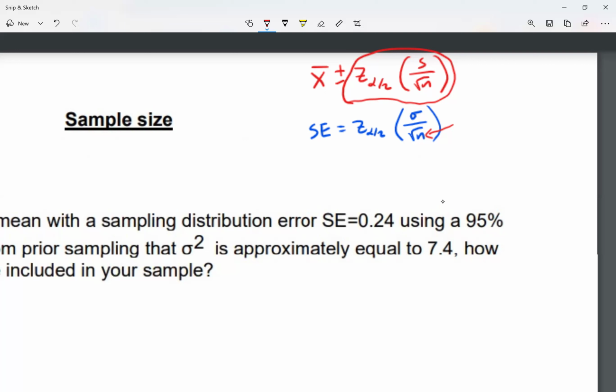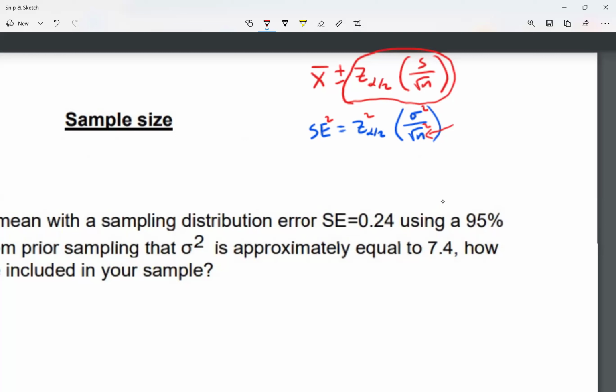I know addition and subtraction undo each other. Multiplication and division are opposite from each other. What's the opposite of square root? An exponent, an exponent of 2 in this case. The way I'm going to undo a square root is to square everything. I'm going to square the sample error, the z-score, the standard deviation, and the square root.